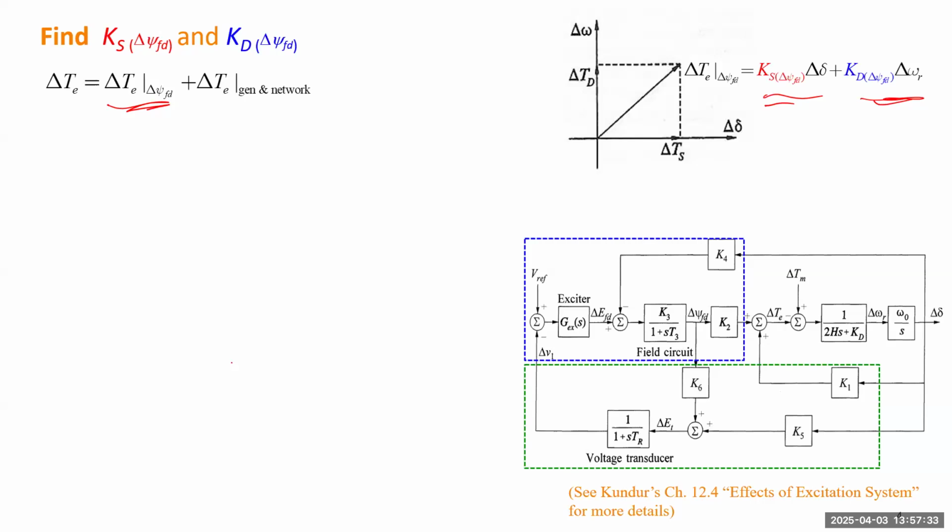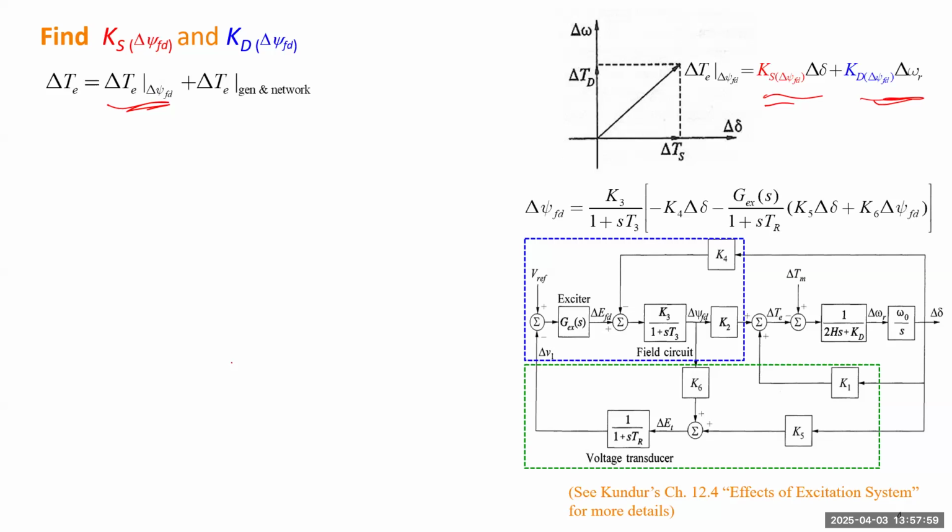But if you don't want to do that, you can just read this section. Or if you don't want to read the section, you can just believe me. This is correct. Because we just want to find some small signal, small disturbance cases, we can linearize or ignore any limits, saturation, or nonlinear components. So it will be like this one.